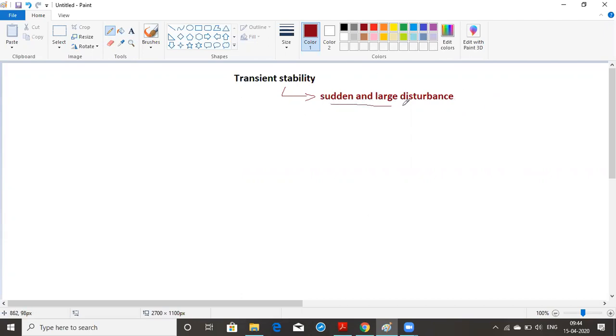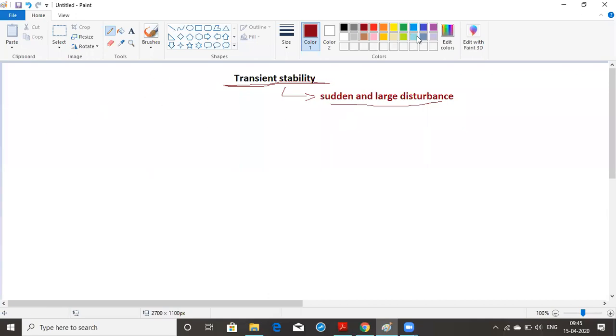These sudden and large disturbances may be bulk load addition or removal, transmission line switching, meaning either removing or adding a transmission line to the power system network, switching of generators, or a fault on a transmission line, especially severe faults such as three-phase faults. At that time, if the machine achieves a stable condition, we call that transient stability. So let us discuss transient stability.